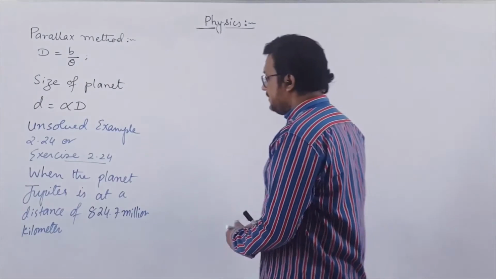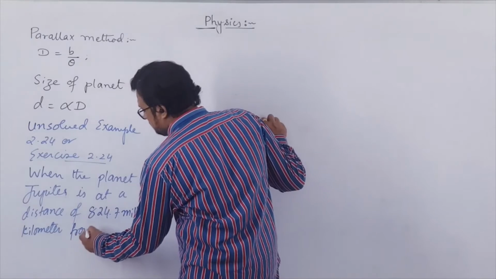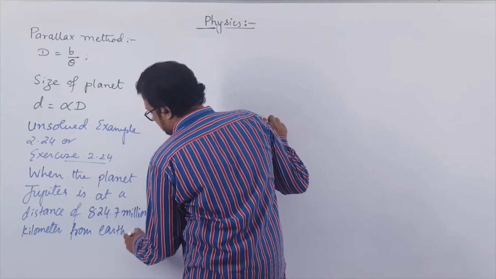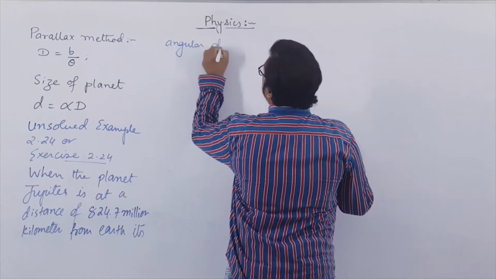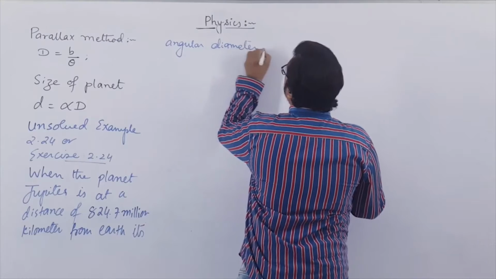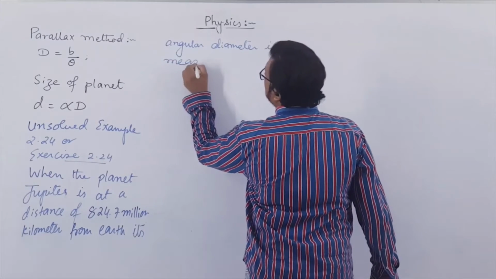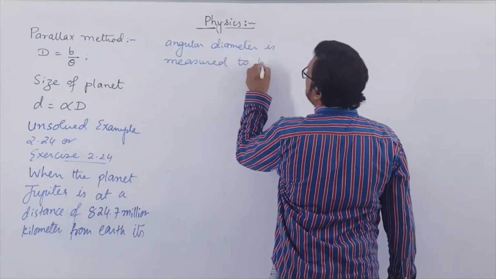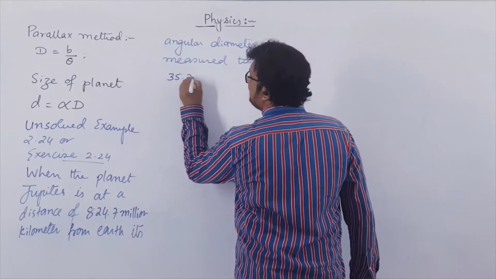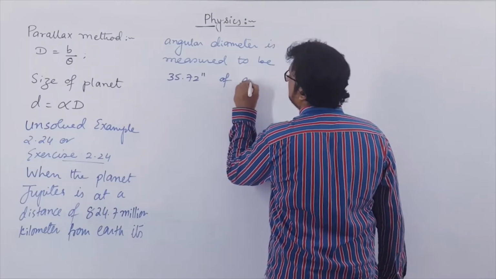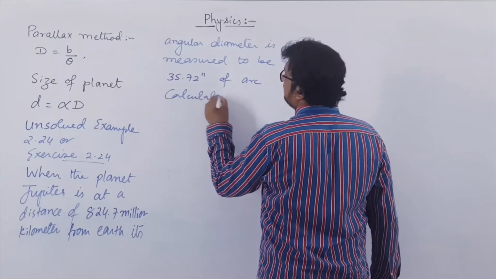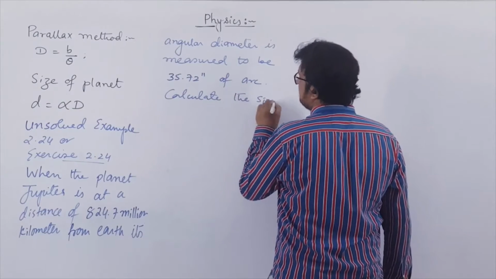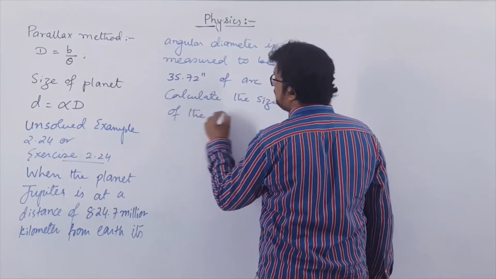Its angular diameter is measured to be 35.72 second of arc from Earth. Calculate the size of the Jupiter.